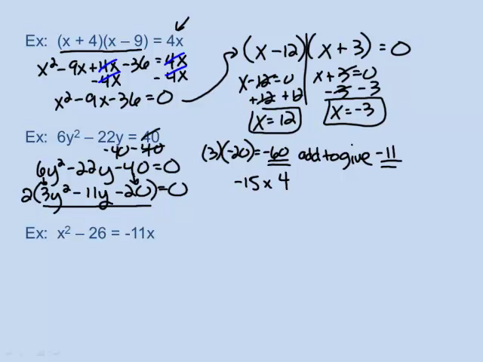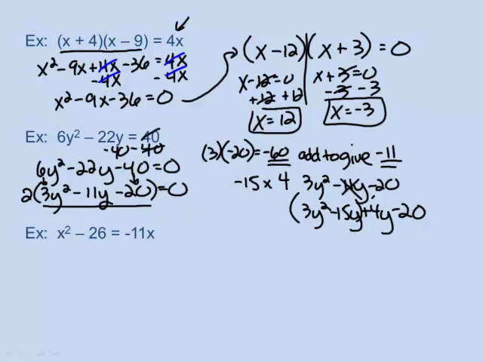So we're going to rewrite that trinomial, 3y squared minus 11y minus 20. We're going to rewrite that middle term to be 3y squared minus 15y plus 4y minus 20. Group in pairs.